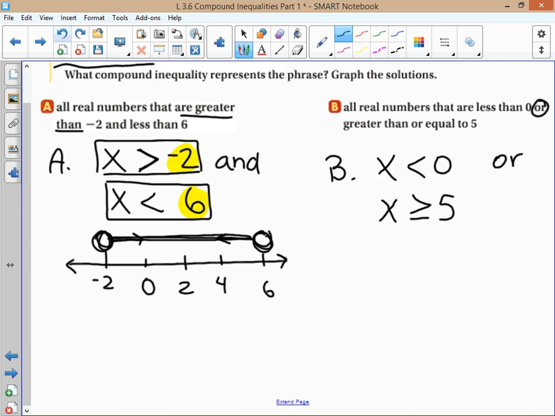That's an or. And again, I'm going to graph this one. The two numbers that are involved in these two inequalities are 0 and 5. So I'm going to put 0 and 5 on my number line, but I'm going to use a real scale. 0, 1, 2, 3, 4, 5.